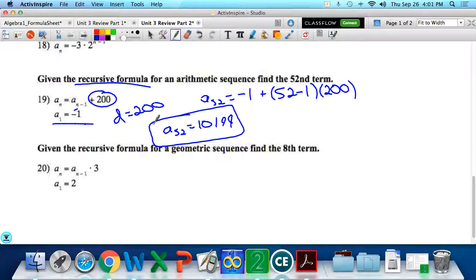Number 20, recursive formula is given again. That's not a good way to find the 8th term. Can you do it? Sure. You had to find the 7th term backwards, the 6th term, 5th term, 4th term, and there we go. Now, this one is one that I think you can do without the explicit formula. If you're clever, you know that 2 is my first term, and every step of the way, I'm using my common ratio times 3.